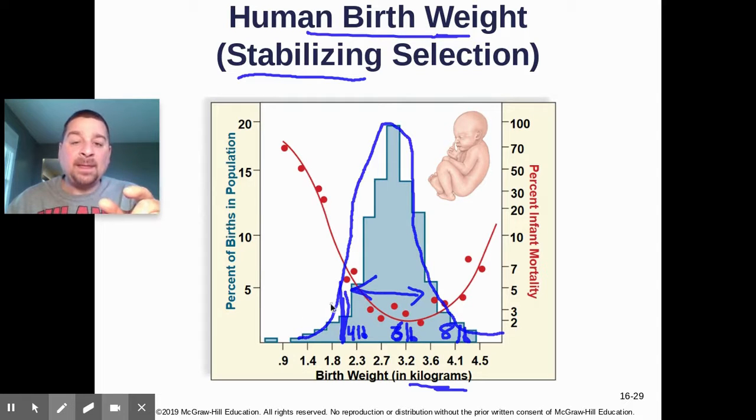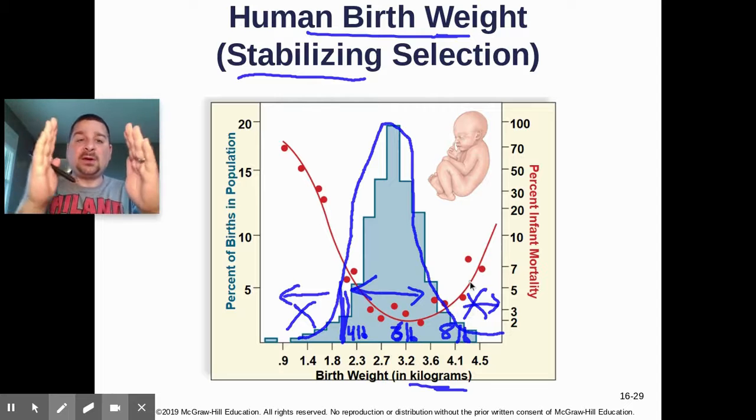Well, why is that? Well, throughout human history, before we had all the modern medicine that we do now, if it was premature, the baby was really, really small, there was a high mortality rate. If the baby was too big, again, there were complications with birth, with the mother.